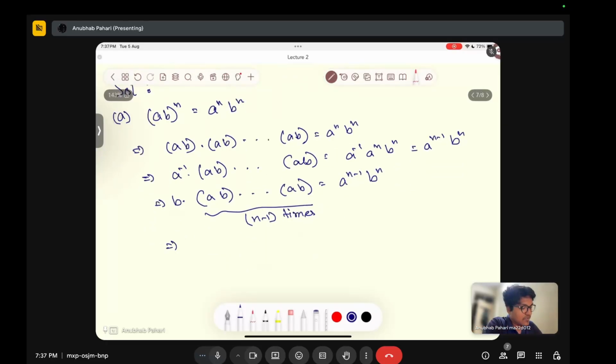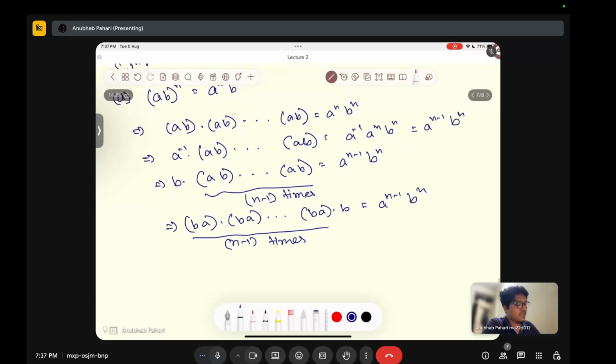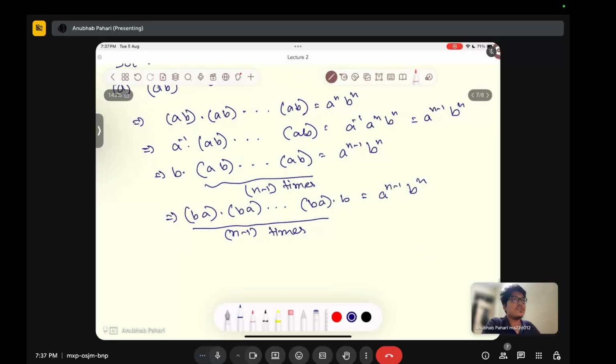So we can simply rewrite this with the associative property, that is, this b, this is n minus 1 times, and this should imply this.